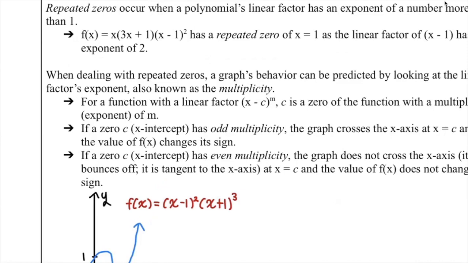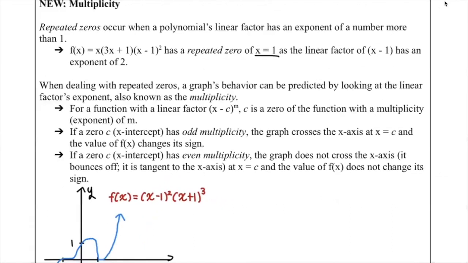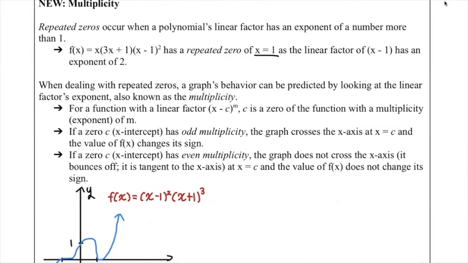So we can conclude that this polynomial has a repeated zero of x equals 1, as the linear factor of x minus 1 has an exponent of 2. Essentially, if the exponent of a linear factor is 2, then at that point there is a repeated zero happening.